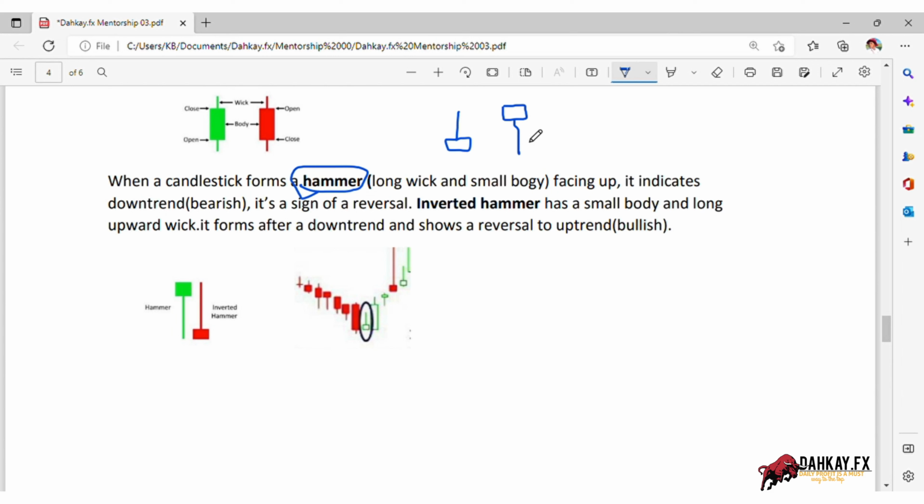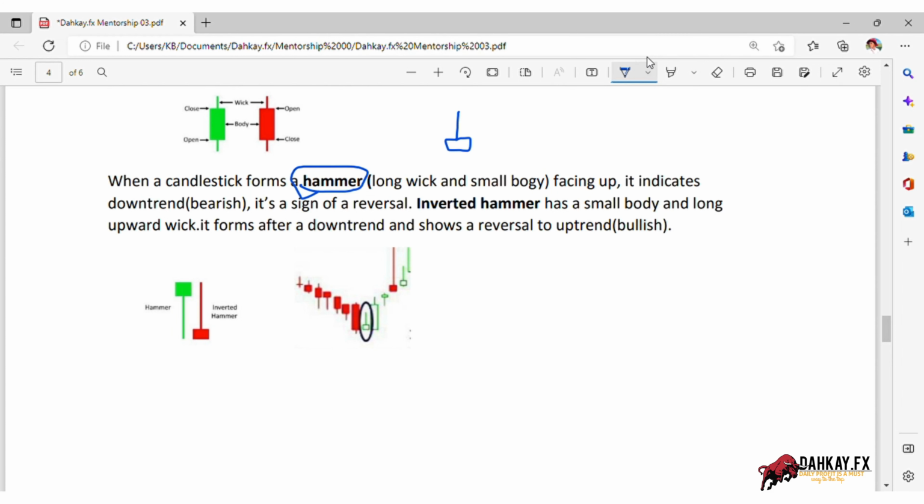Just prepare for a bearish market, because once the price loses its momentum here, you'll have an opening here, and then the market will go down just like that. So once you see a hammer, just prepare for a sale, because the market is bearish.